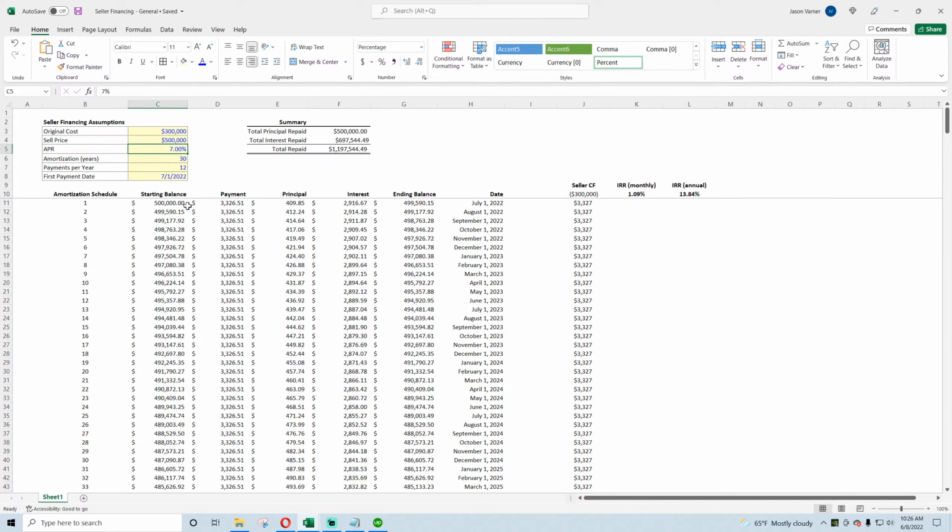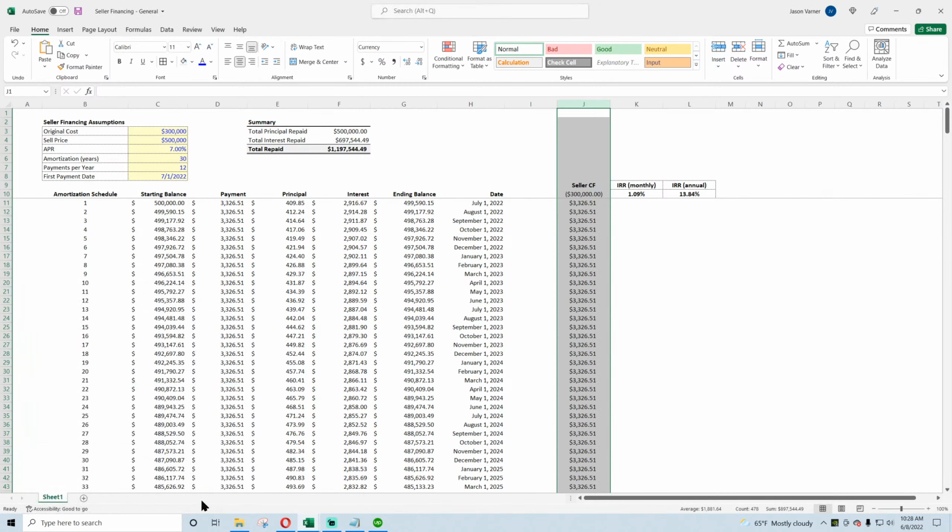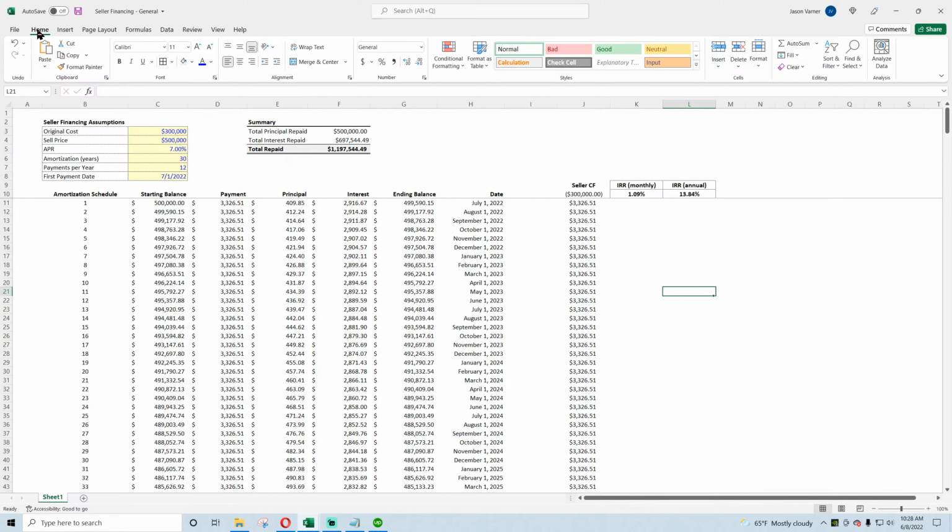Now I guess if you think about it, you could charge, what APR would you have to charge to make the IRR 7%?